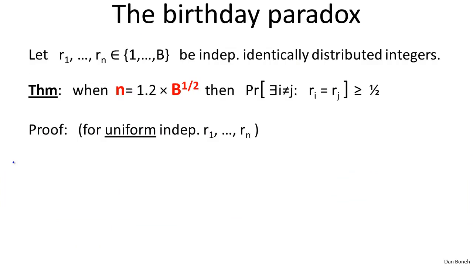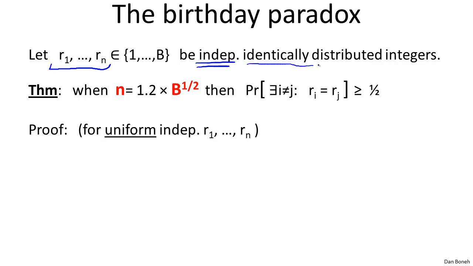I imagine some of you have already heard of the birthday paradox. Here it is stated as a theorem, and I want to prove it to you because everybody should see a proof of the birthday paradox at least once in their lives. So imagine we have n random variables, r1 to rn, in the interval 1 to b. The only thing I'm going to assume about them is that they're independent of one another. That's crucial, that these n samples, r1 to rn, in this interval are independent of one another.